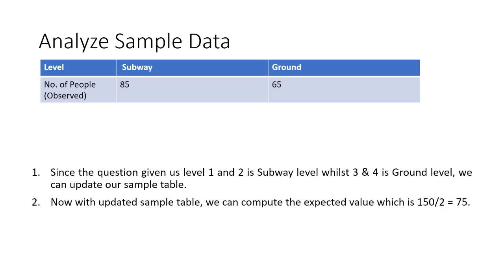Now, with an updated sample table, we can compute the expected value, which is 150 divided by 2, the number of samples, and equals 75. Then we update that in the table.